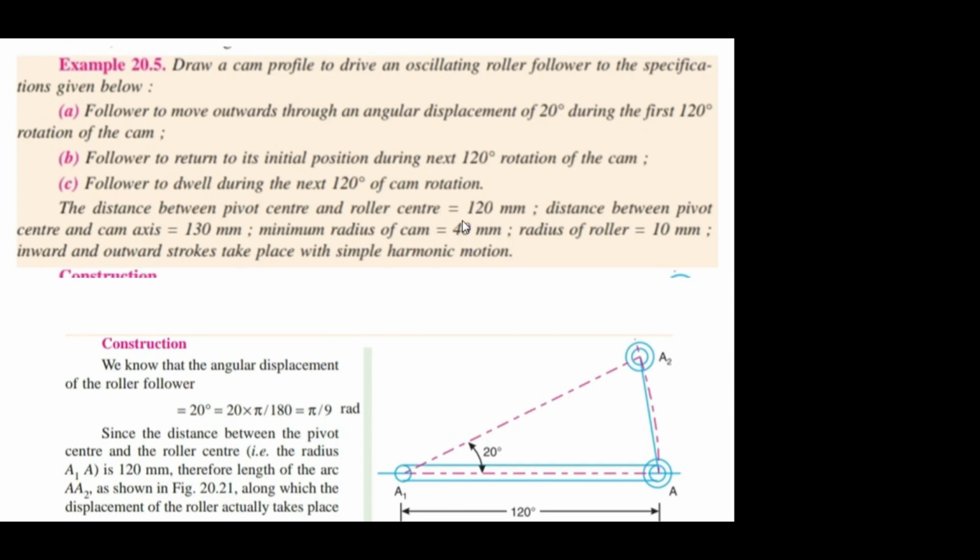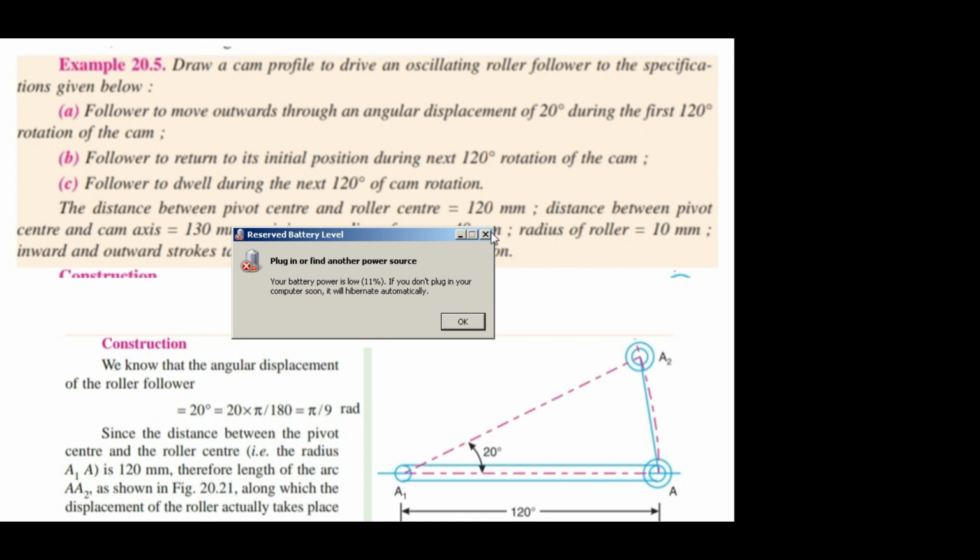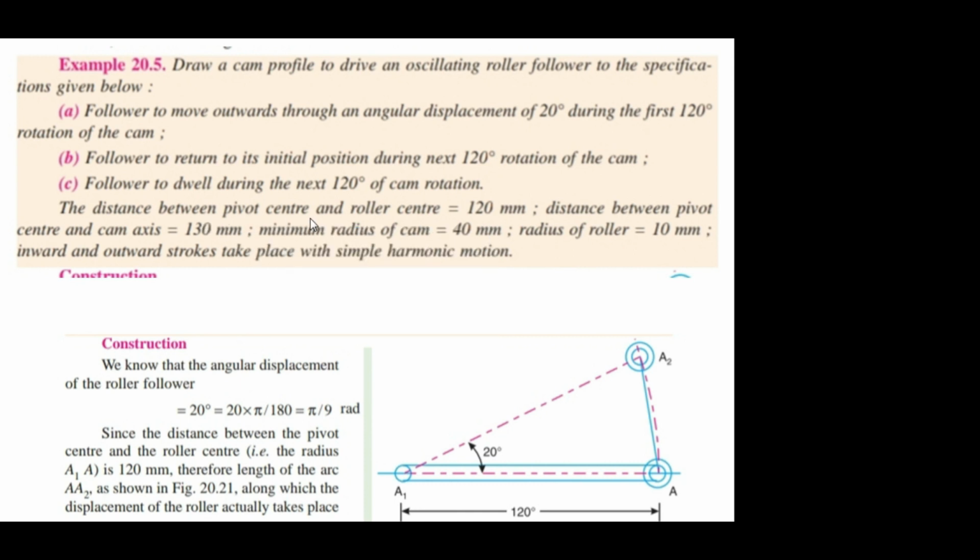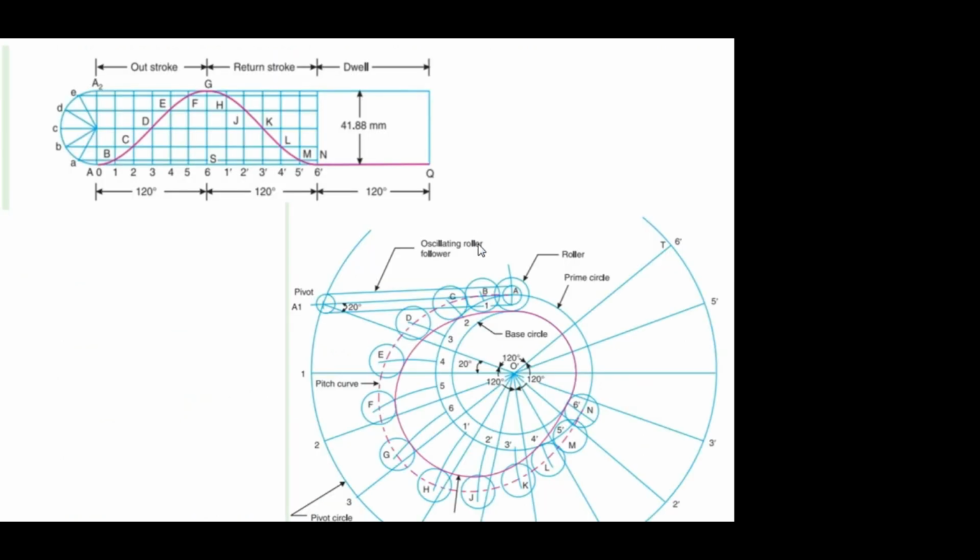Now the minimum radius of cam here it is 40 mm. So minimum radius of cam it is given 40 mm. Draw the base circle of a cam with 40 mm radius.